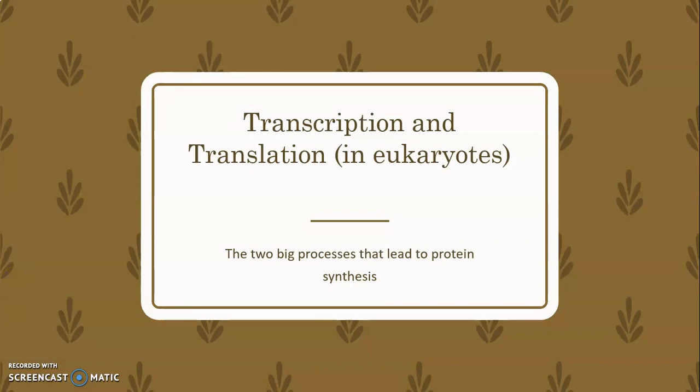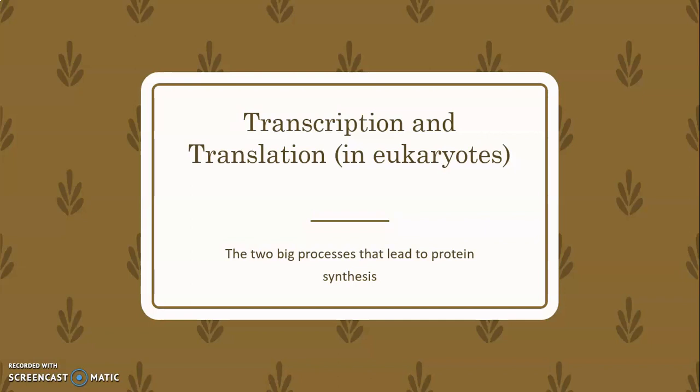Alright guys, so now we're going to go over the two main processes of the central dogma theory of protein synthesis. Now all of this that I'm about to describe is how it takes place in a eukaryotic cell, so cells that have membrane-bound organelles. It's very similar in prokaryotic cells, but there are a few differences.